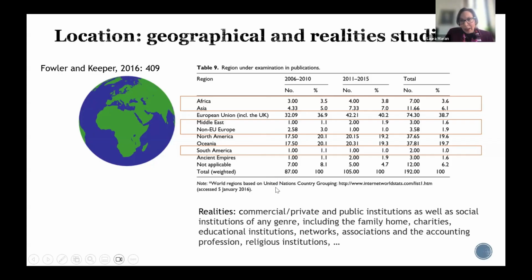In terms of the entities that can be studied in accounting history, there is a wide variety, from private to public, but also including networks, associations, the accounting profession, family homes, charities, educational institutions, and so on.